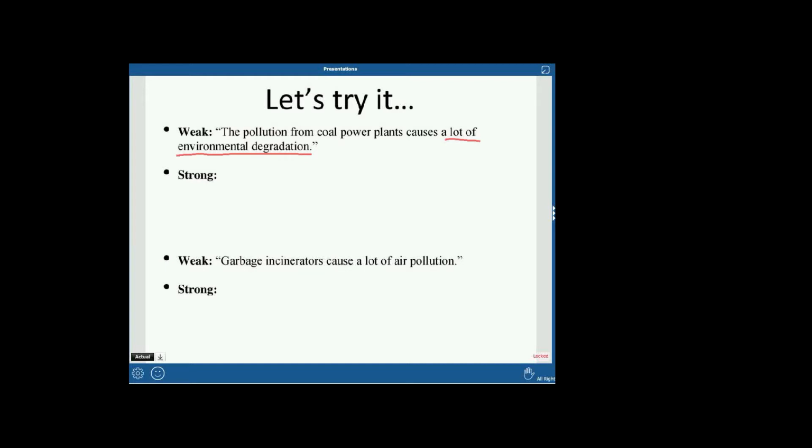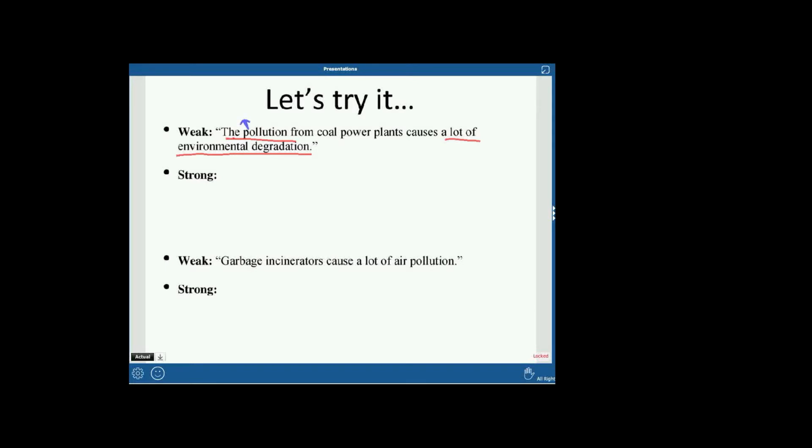What is that? Or what is this pollution? So we need to elaborate in those two areas of the sentence, which is basically the meat of the sentence. So if you guys want to try and write a sentence, then I'll give you guys some hints.